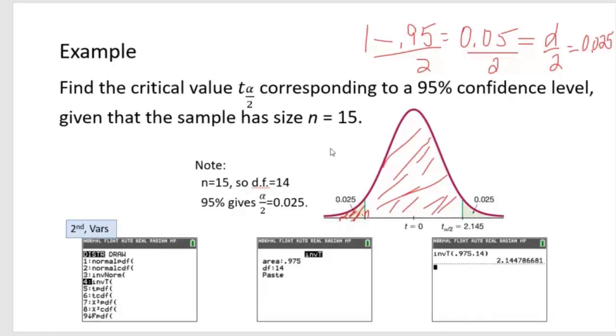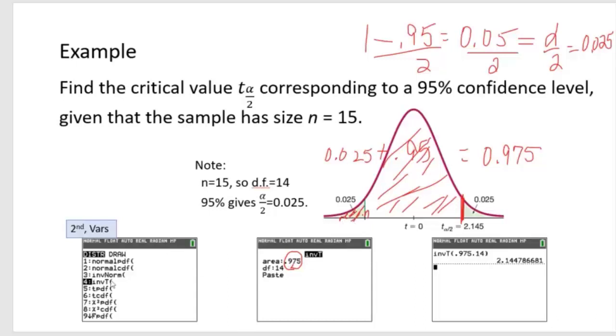So I had to take the 0.025 plus the 95, and that's where I got the 0.975 that you can see right here. And that's because that's what's going to take me all the way to this line. And if I only put in the 0.025, I'm going to get this one on the left, which will be negative, and it's going to mark it wrong.